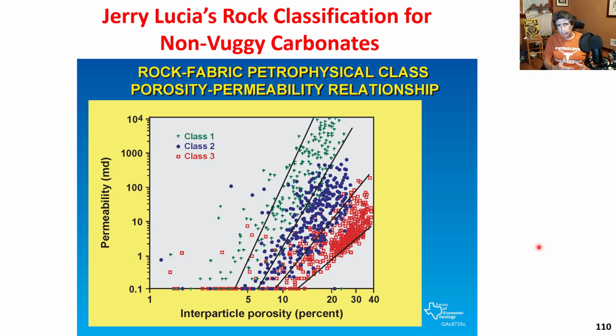Jerry Lucia came up with a transformation where he plots a so-called interparticle porosity on the x-axis and permeability, both axes in a log-log plot. He was able to define a fabric number, and based on the fabric number he was able to define the classes, because each class would have its own dominant interstitial velocity.